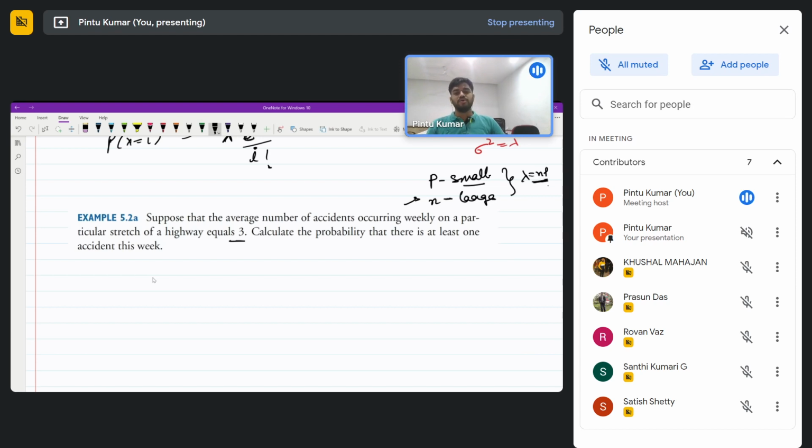Now in this question you will see that you don't have n available. Say you have a small stretch of road; it is very difficult to count the number of cars passing through, and also very difficult to estimate the probability that a car will encounter an accident.